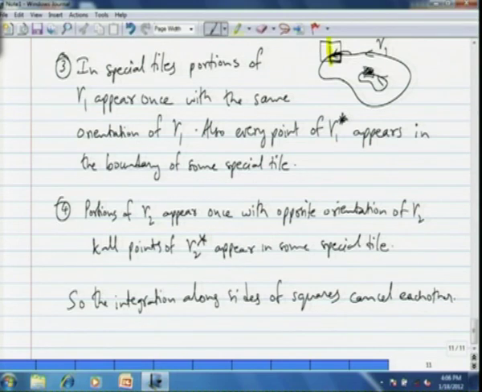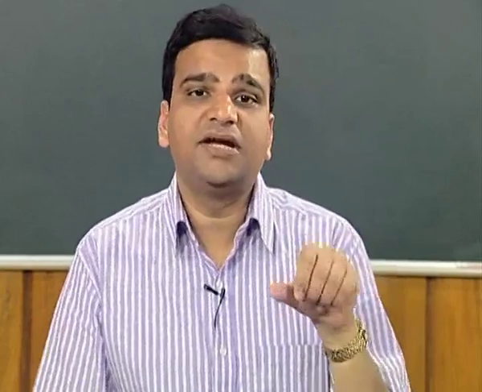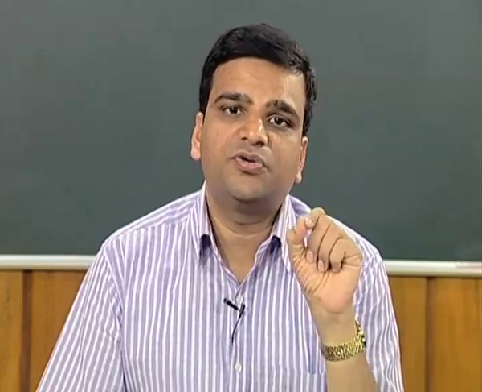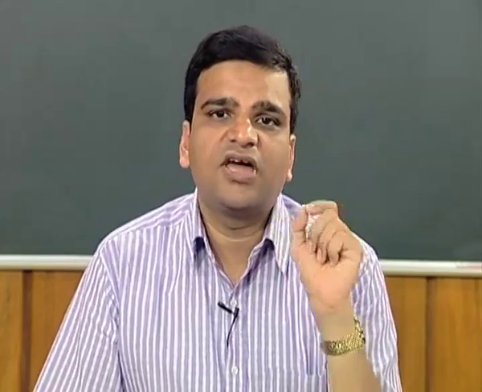When the integration on the LHS includes a portion of or complete side of a square, it does so twice with opposite orientation, so they cancel each other. And when you have these curves gamma 1 or gamma 2, or the trace of them, appearing in the integration, the portions of gamma 1 are with positive orientation and the portions of gamma 2 are with negative orientation. We also notice that each point of gamma 1 star and gamma 2 star participates in the integration on the LHS of equation 1.